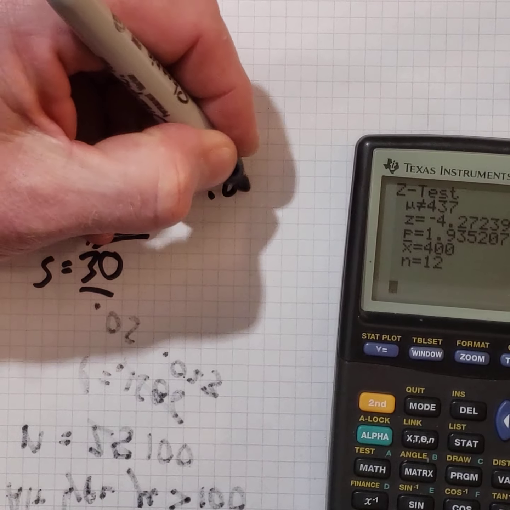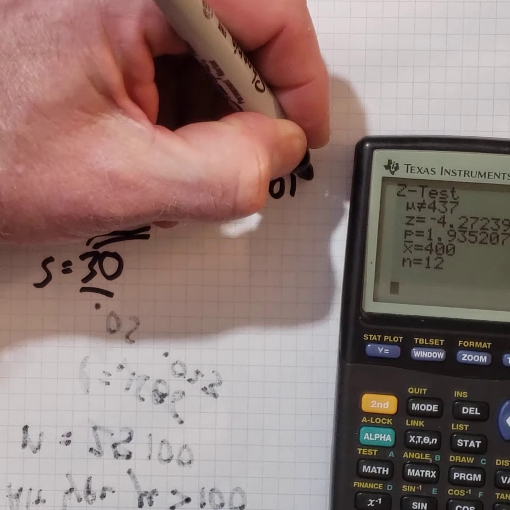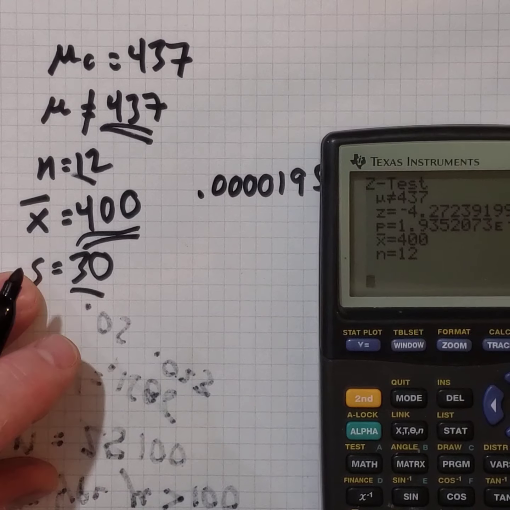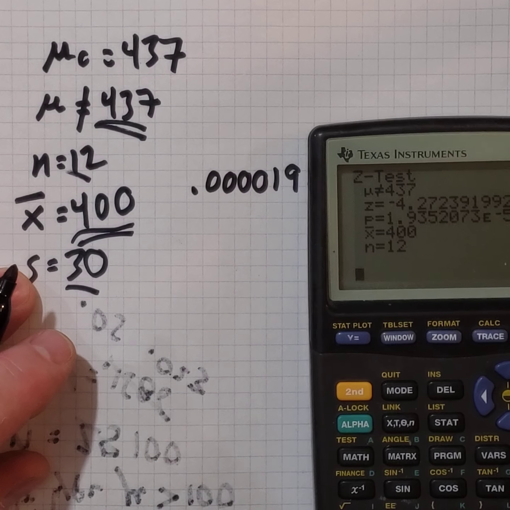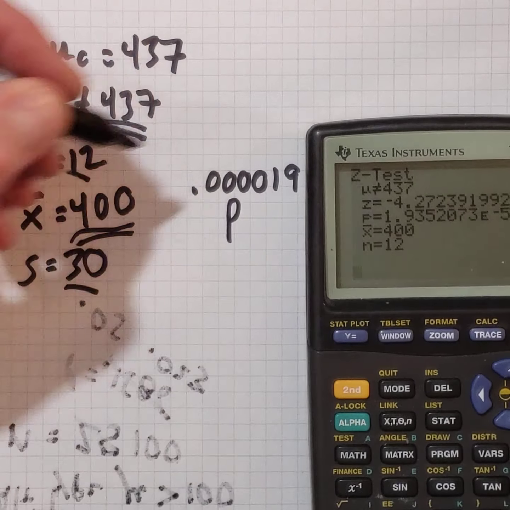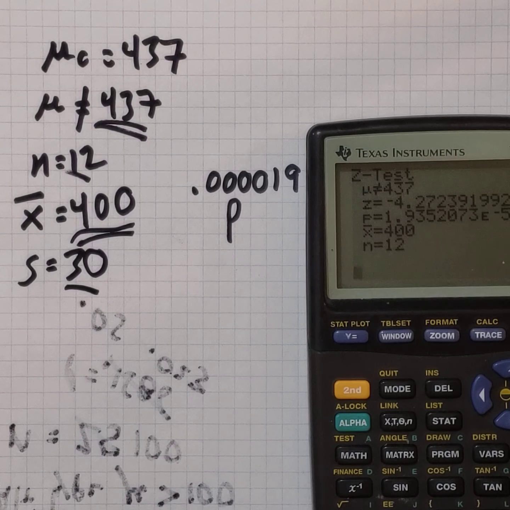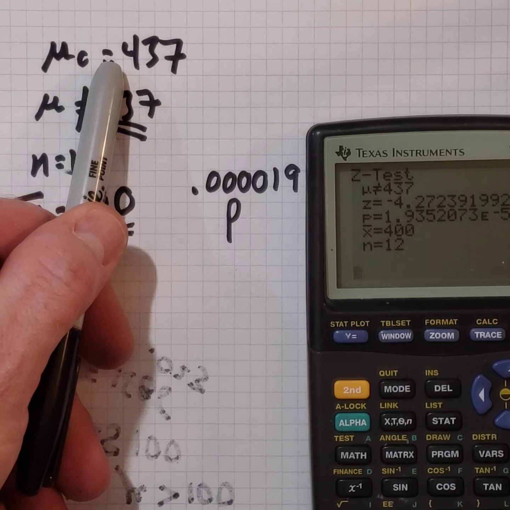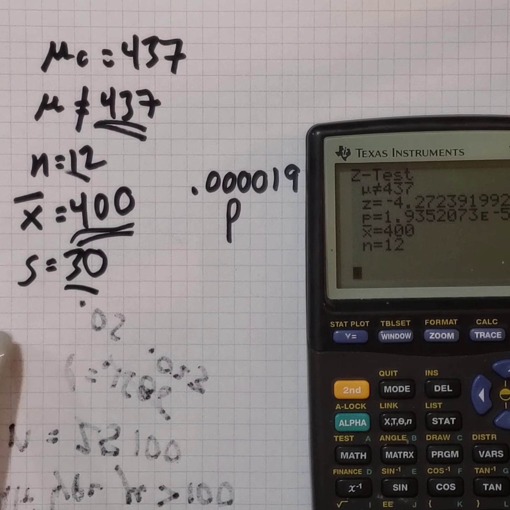So this is 0.0000193. That's very, very small. That's our p-value. That's how much doubt we have. So I absolutely am going to reject the null hypothesis. I'm going to say that claim is wrong, and it just so happens that the reality is lower than that. All right. That's all for this one.